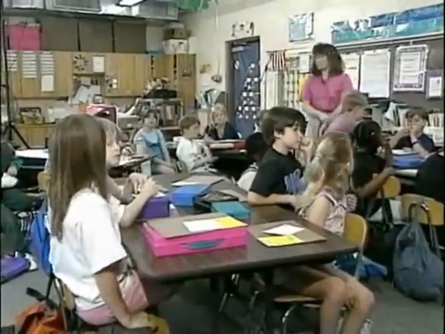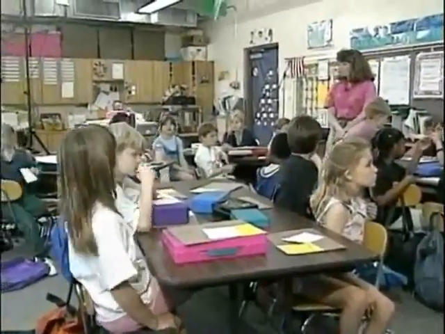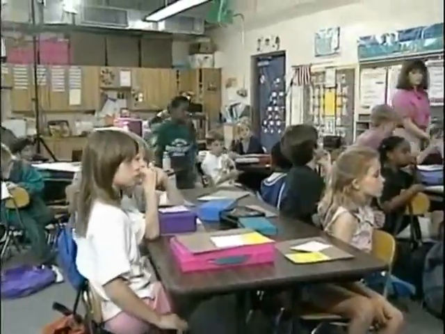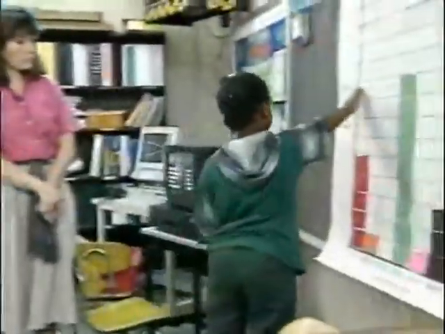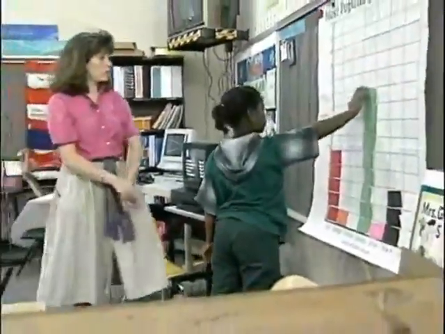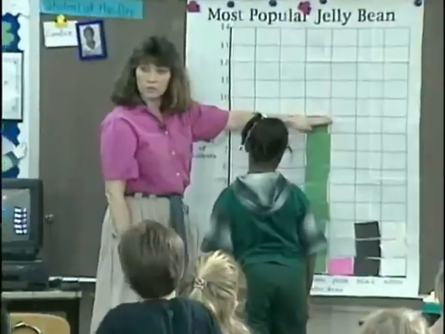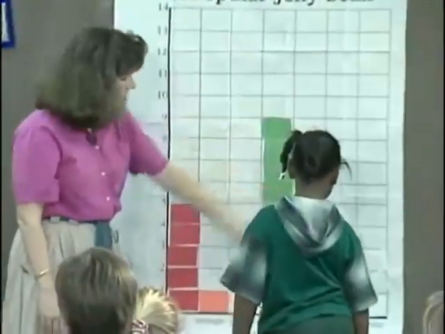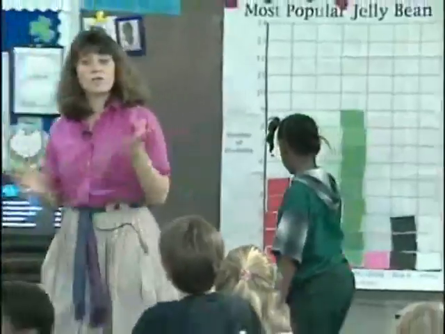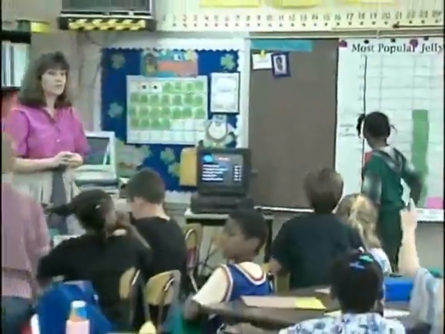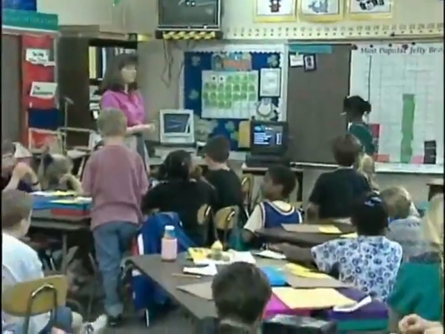Can you go up there and show us how you read the graph? By looking at this. Okay. It's where the top of the bar ends, and so 9 people liked the green jelly bean. All right, what else do we know just by looking at the graph? Justin? Thank you, Candace.